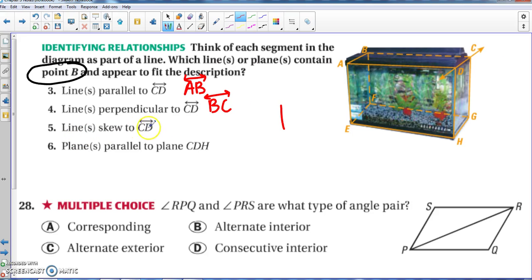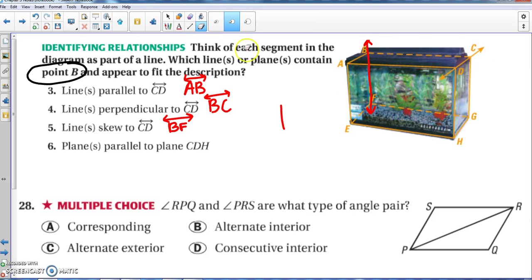Okay, we want a skew line that goes through point B, and it's skew to CD. So remember, skew means it's on a different plane and it doesn't intersect. So then that would be line BF here. Even though point B is on the same plane, the whole line BF is not on the same plane as CD. So then that would be line BF. And there's no other skew line that goes through point B.